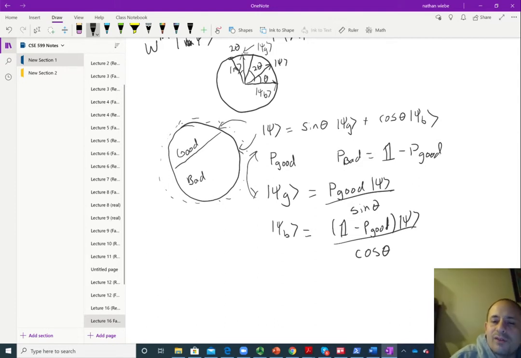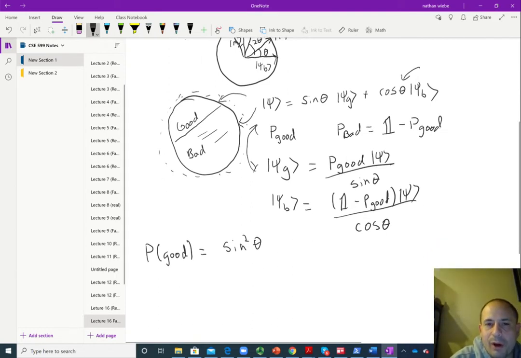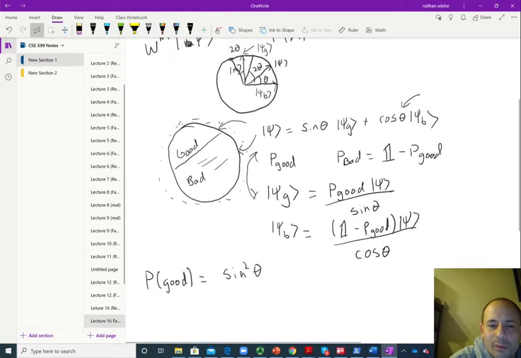Similarly, the probability of getting a good result is just sine squared theta, because the cosine component is the projection onto the bad space. So that is how the probabilities work. Let's go through and think about how we actually build this quantum state.